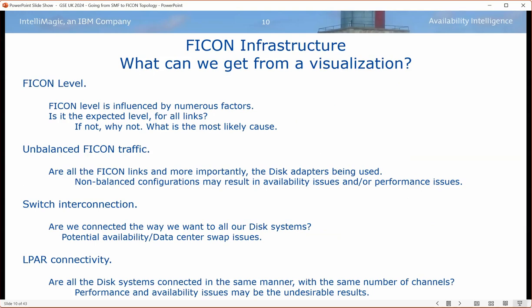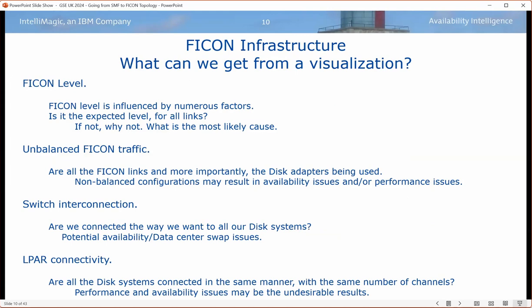Okay, so what can we get from a visualization of our FICON infrastructure? Well, firstly, as I said initially, we could look at our locations of maybe a primary and a secondary site and the interconnection between these sites. If we look at the FICON visualization, we could look at maybe the FICON level.